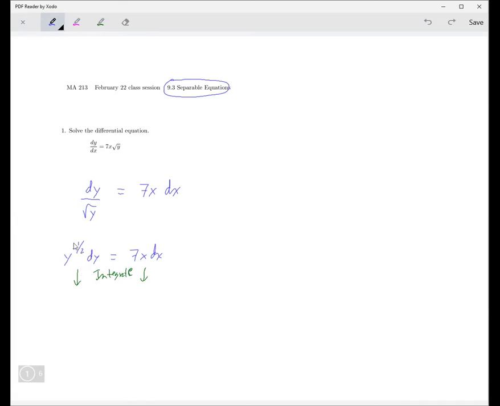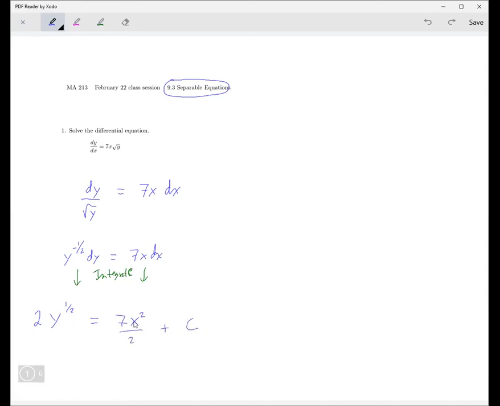The integral of this would be, we raise the exponent by 1, so negative 1/2 plus 1 is positive 1/2. If we take the derivative here, the exponent is reduced by 1, but we'll also have this 1/2 coming out, so we'll put a 2 there to counter that. And then over here, x squared, so that'd be 7x squared over 2. And then you put a constant.